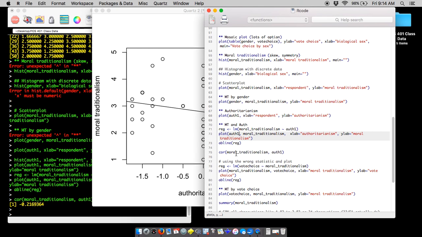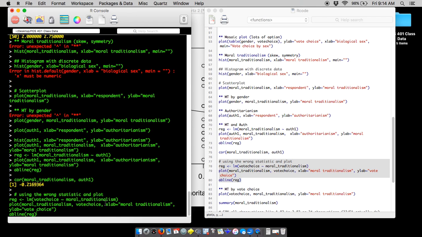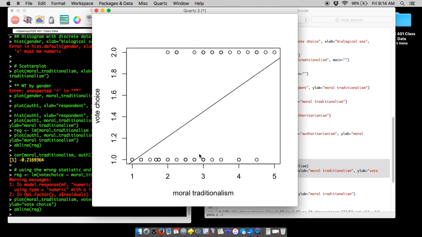There are other methods to calculate how well discrete data are associated. But let's look at what happens if we do the same thing with moral traditionalism and vote choice, and we just plot those and run a line, right? We get this. So moral traditionalism is continuous. It goes from 1 to 5, but vote choice is a 1 or a 2 in the data. So this is either Trump or Clinton, and these values are empty, right?